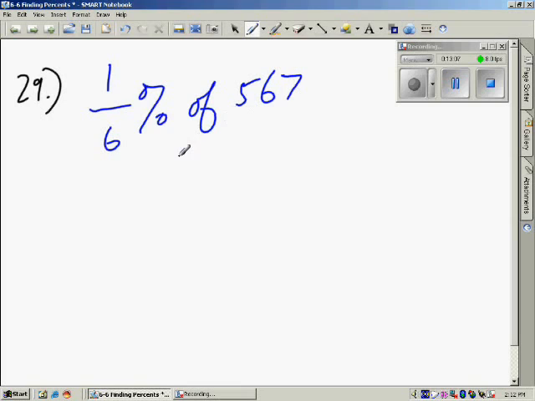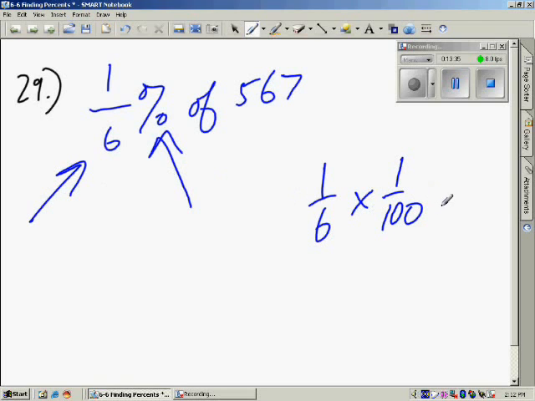If I look on the board at all, I don't even know what I would do. So I would go back to this rule. 1/6%. How do we get that percent off? Well, this is what I was showing in 6-4. 1/6. How do you want to get the percent off? Times 1 over 100, because you're dividing by 100, and that moves the decimal left twice. But since you can't tell where the decimal is right there, just multiply it times 1 over 100.